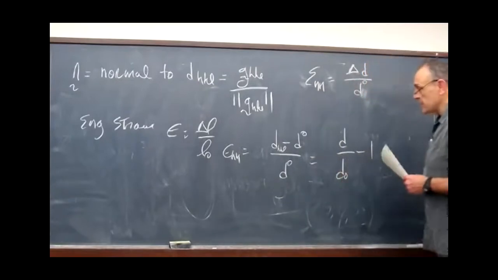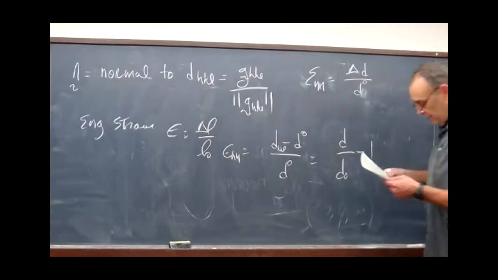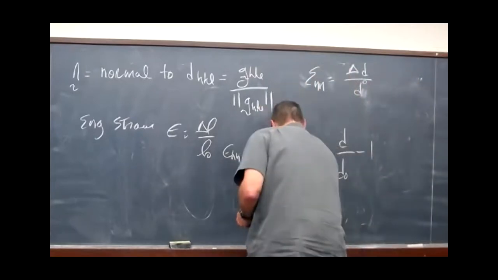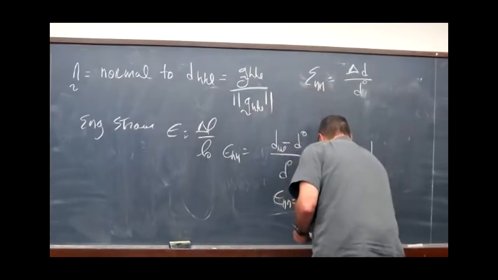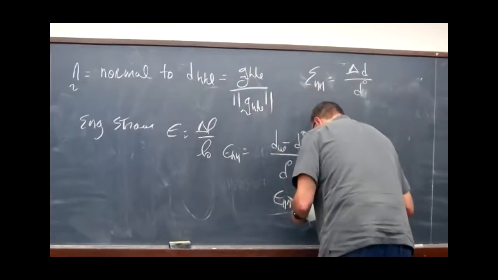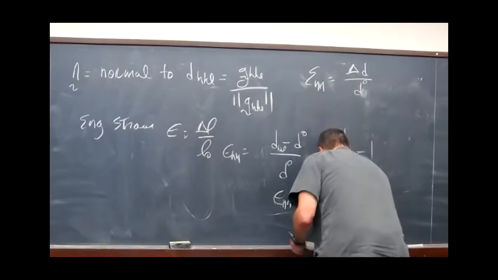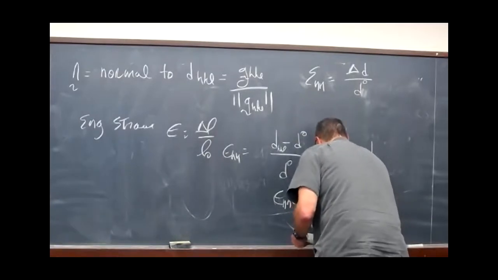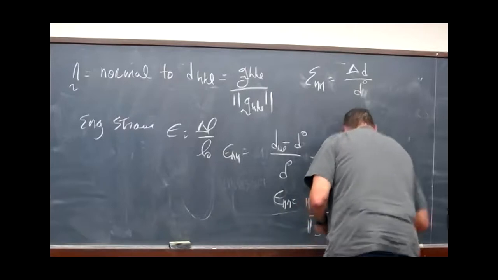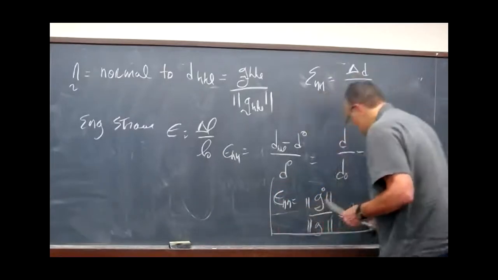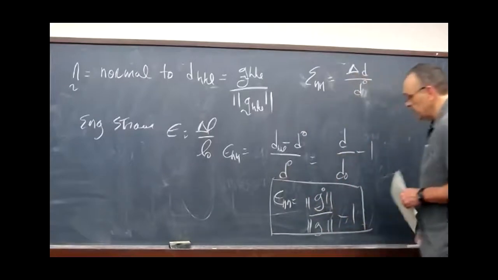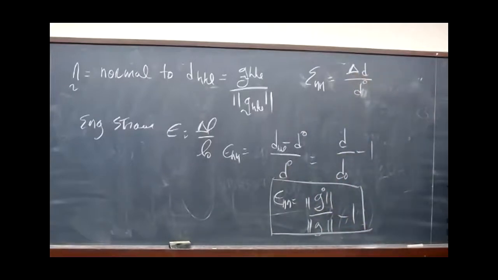And then we use our expression that relates G to D, and we get epsilon N equals G naught magnitude over G magnitude minus 1. And this is our expression for strain.